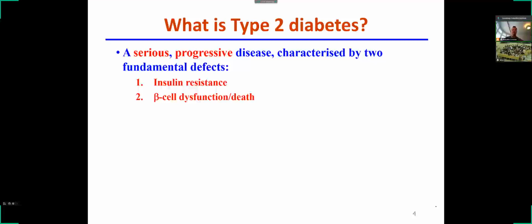The key point is the combination of insulin resistance or insensitivity along with insulin deficiency, where the pancreas is unable to make enough insulin to compensate for this insulin resistance.